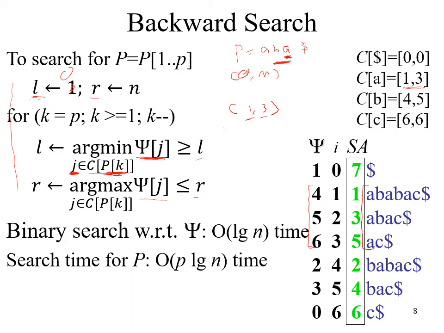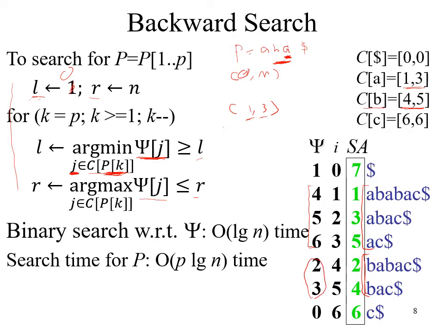So next we want to compute the range of BA. BA appears here. So L is 4 and R is 5. We want to compute this. So then we look at CB, 4 to 5. So we look at this one.